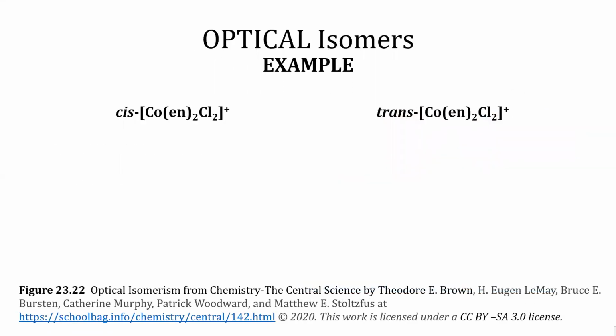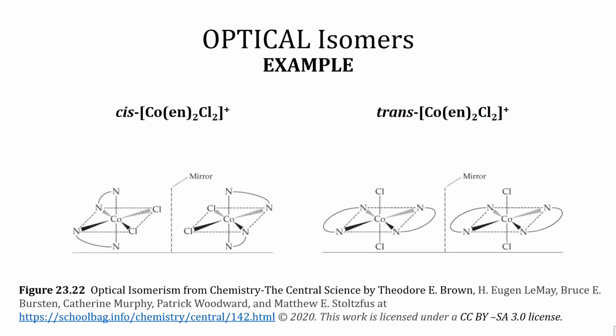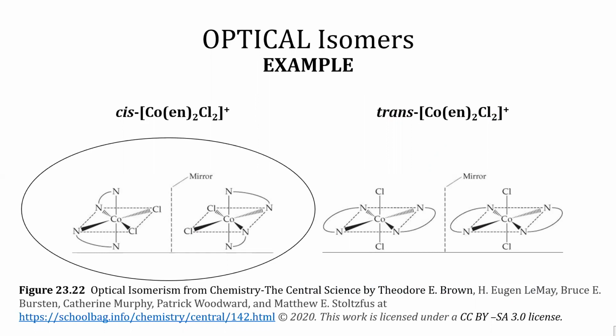Here we have a pair of stereoisomers, cis [Co(en)2Cl2]+ and trans [Co(en)2Cl2]+. Only the cis isomer is optically active because the structures are not superimposable.